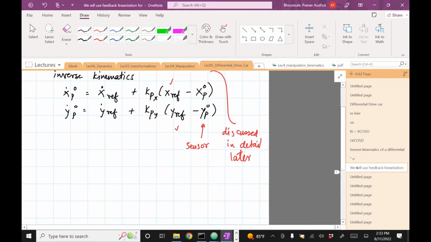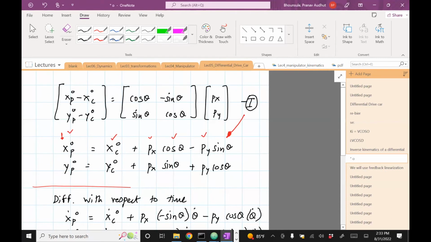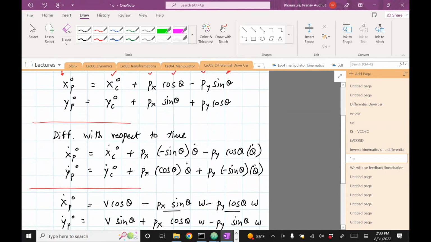Okay, so let's just take this equation, let's call this equation 2.